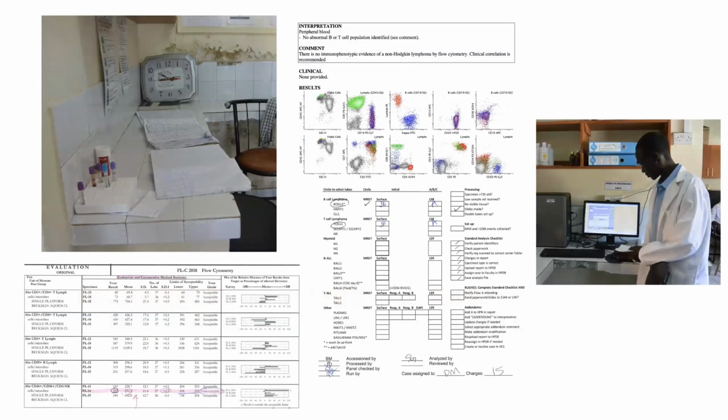These are all examples of records that I've encountered. This is a logbook. That's an example of a record. This is a proficiency testing result. This is the LIS, an example of records that are disseminated directly to clinicians. This is a flow cytometry report. That is a record.